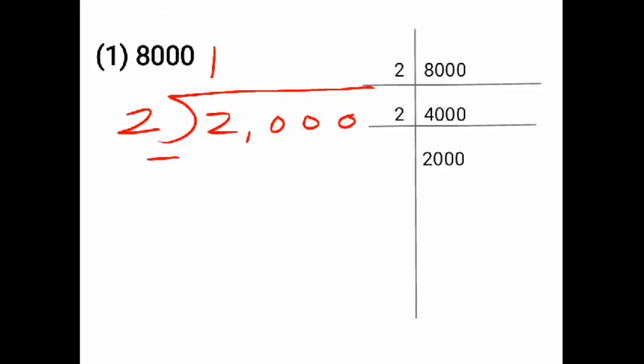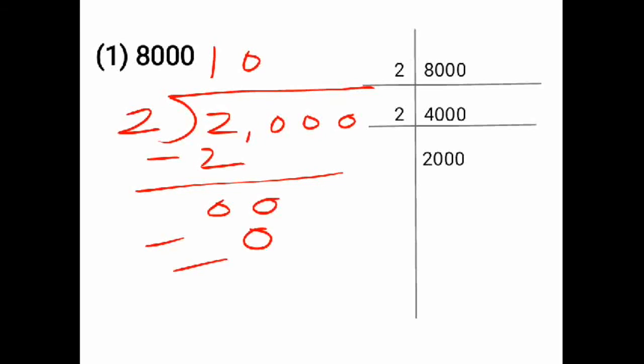That is 2 into 2000. Divide the number 2000 by 2. 2 ones are 2. 2 minus 2 is 0. 0 bring down. 2 zeros are 0. 0 minus 0 is 0.